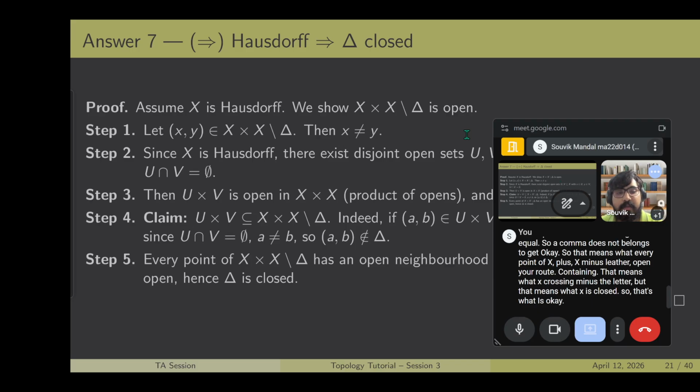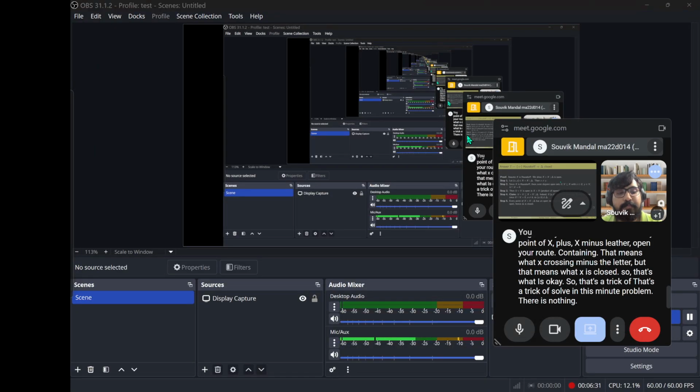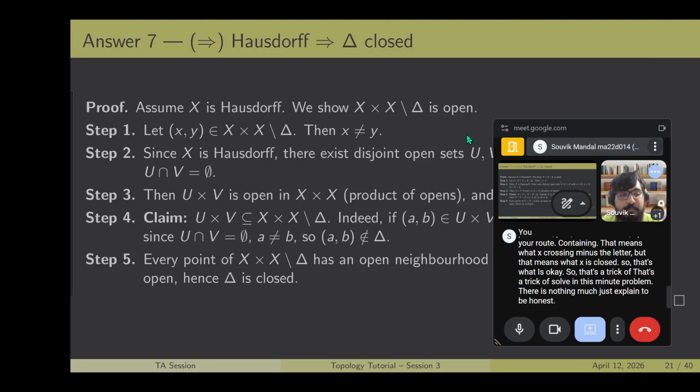So that's a trick for solving this kind of problem. There is nothing much to explain, to be honest.